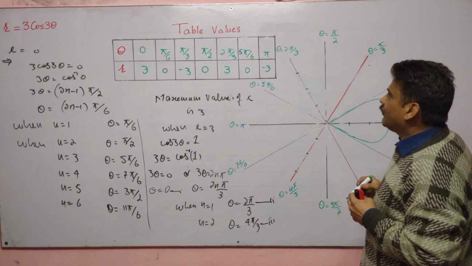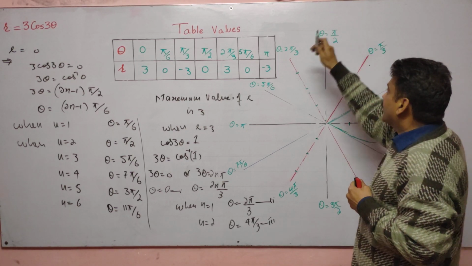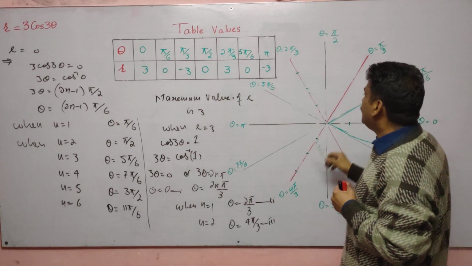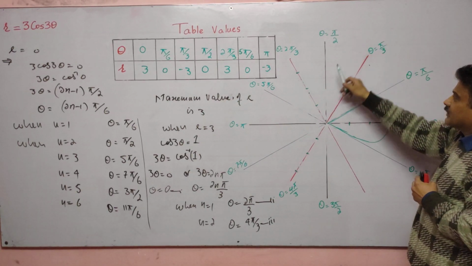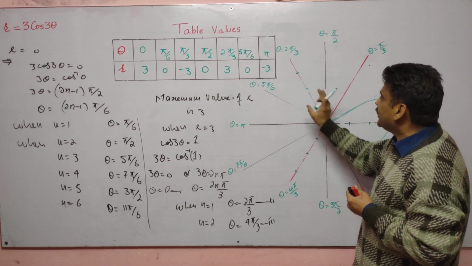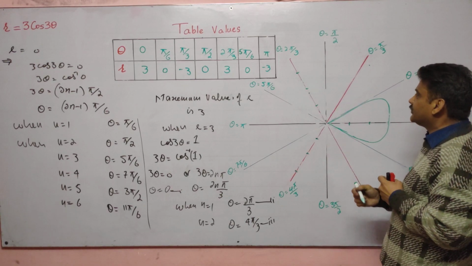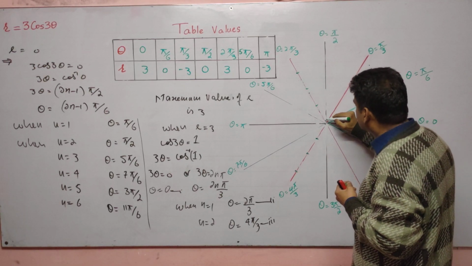The second loop of the curve will form on the line theta is 2 pi by 3, from pi by 2 to 5 pi by 6. This is the interval for the second loop, and the second loop will form on the line theta is equal to 2 pi by 3. We draw the graph.